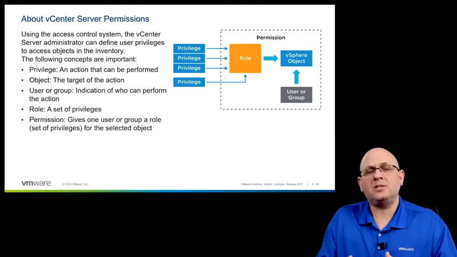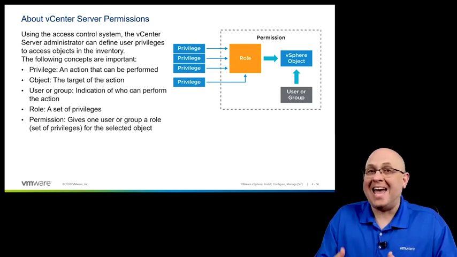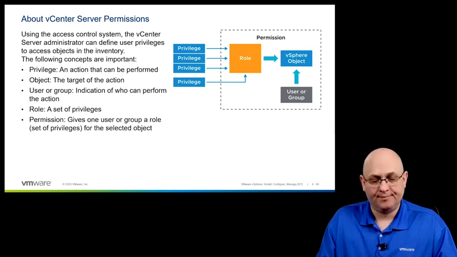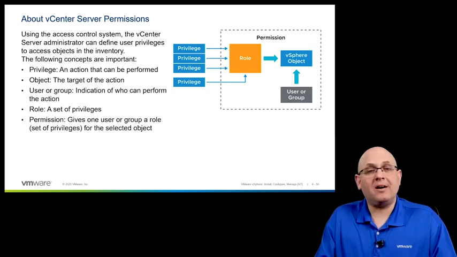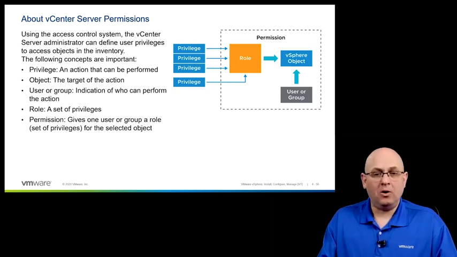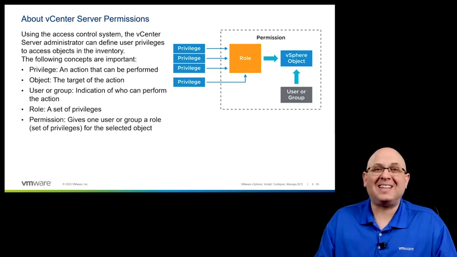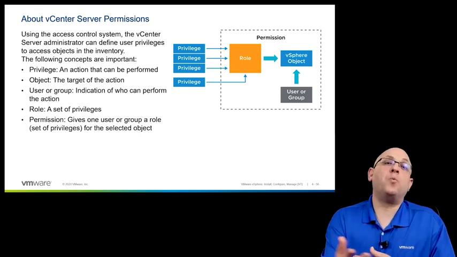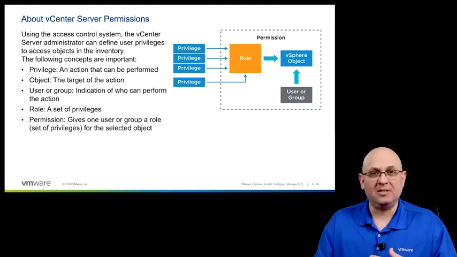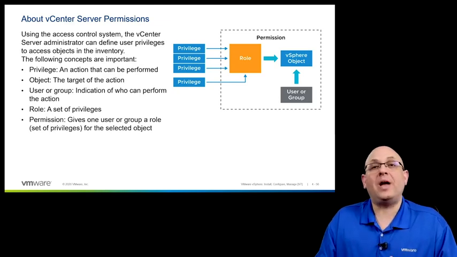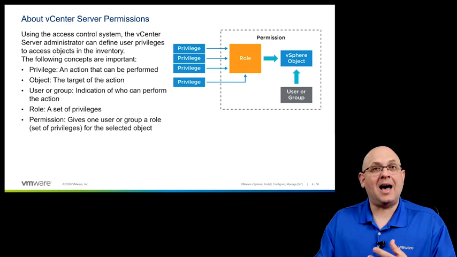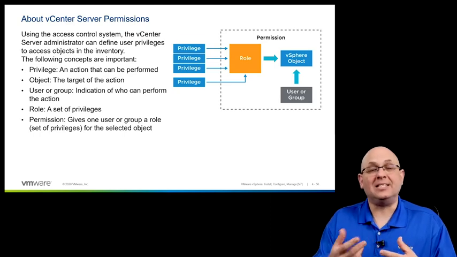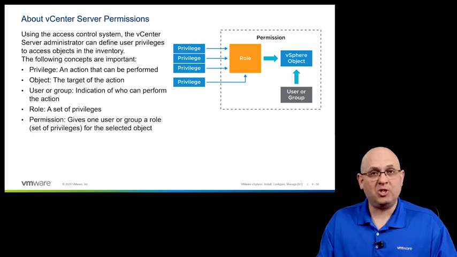And when it comes to actually getting something done, say for example, creating a virtual machine, well, creating a virtual machine requires lots of different privileges. So as we combine privileges together, we can create a role. That is, I want to actually define something I can do, like create a virtual machine.